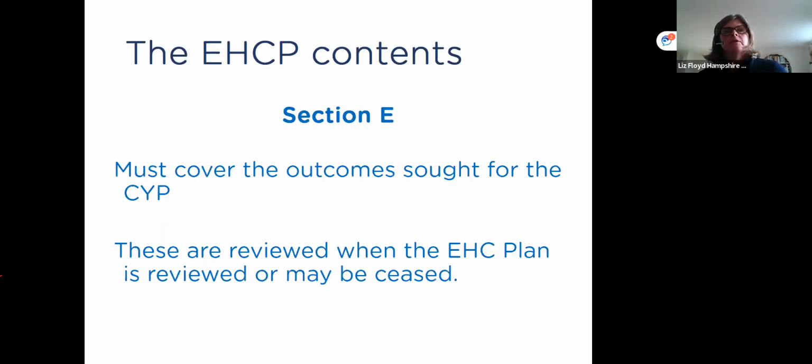Section E must cover the outcomes sought for the child or young person. These are reviewed when the EHC plan is reviewed. The EHC plan will be reviewed annually, and you will become familiar with that process once you have an EHC plan, but that's another topic for another day: annual reviews. So these are what's reviewed in the school and college annual reviews.